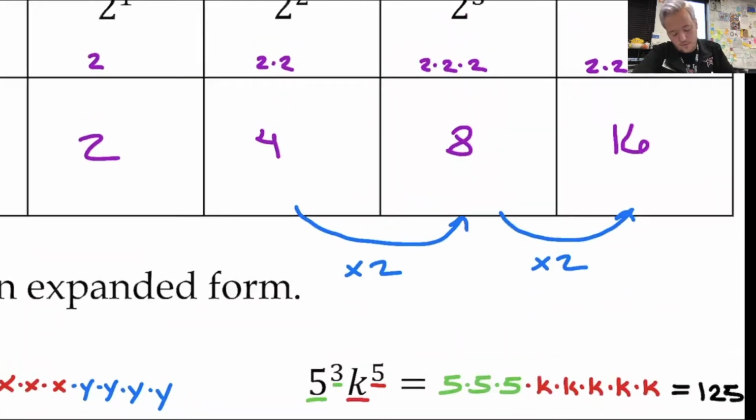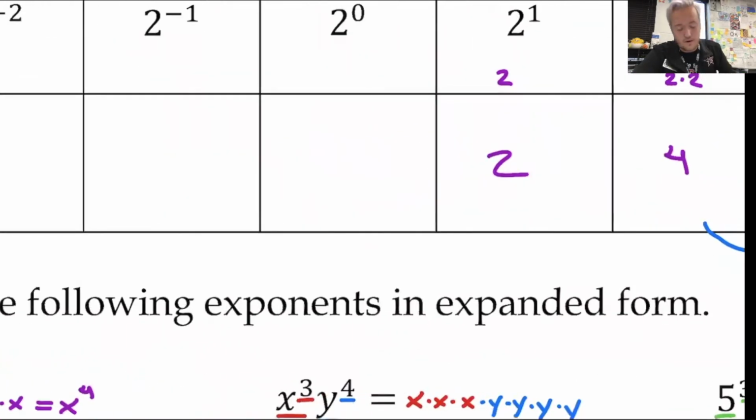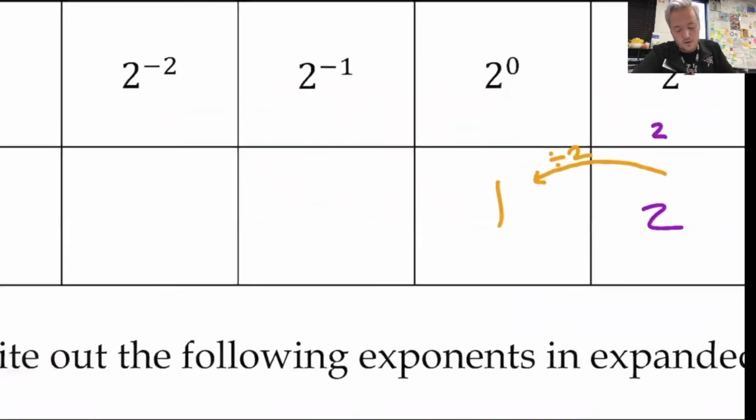So instead of multiplying by 2, the opposite is dividing by 2. To fill out the rest of the chart, I'm going to start dividing by 2. So if I divide by 2, 2 divided by 2 gives you 1. So anything raised to a 0 power is going to be 1.